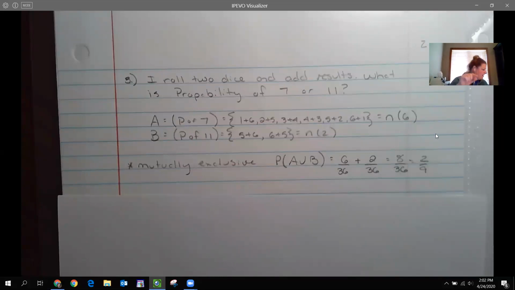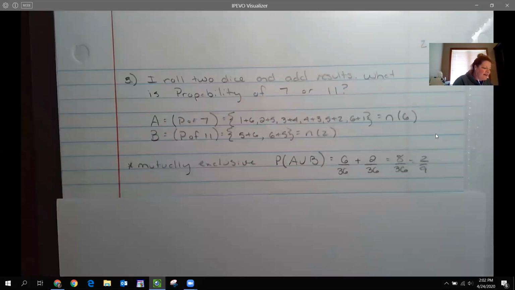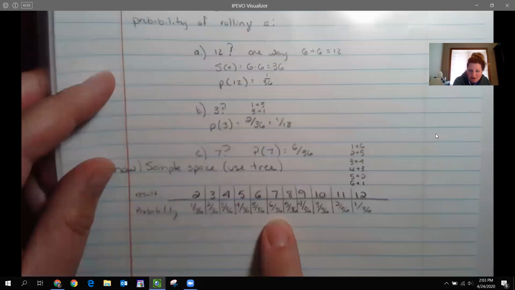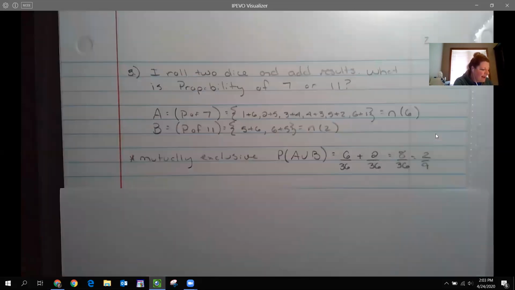So we could go back to that chart. I had a chart of that we can cheat and use, so I can be lazy. So how many ways can we get a 7? There are 6. So we could go back and make the chart, and for the 11, there are 2. Or you can write them out like I did here.